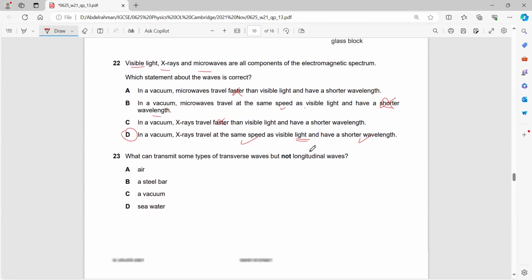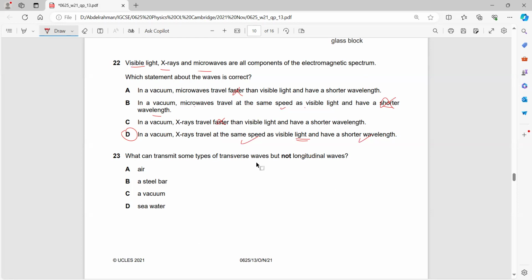What can transmit some types of transverse waves but not longitudinal waves? This is a really interesting question. Yes, C is correct. Why is it C?